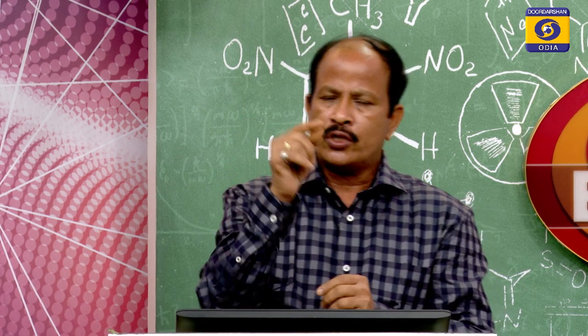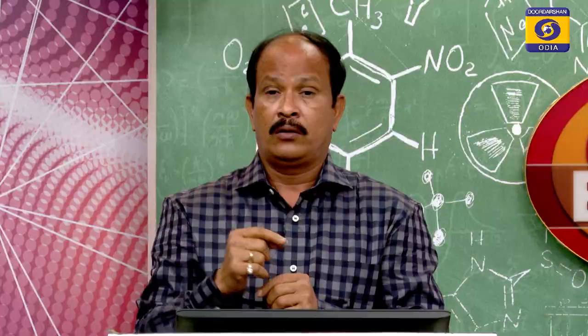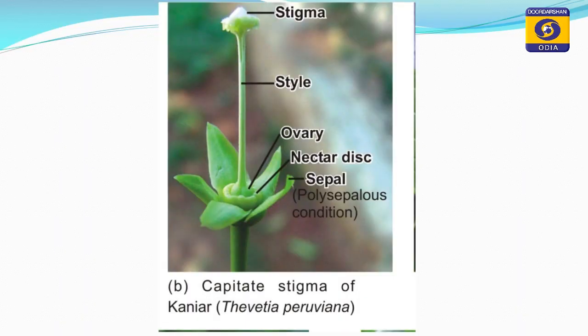Now, each carpel or pistil has 3 parts. The uppermost part is the stigma, which is projected beyond the flower, and it is the site on which the pollen lands, or the site to which pollen binds. So, it is the pollen landing surface, and the basal part of the carpel is the ovary.